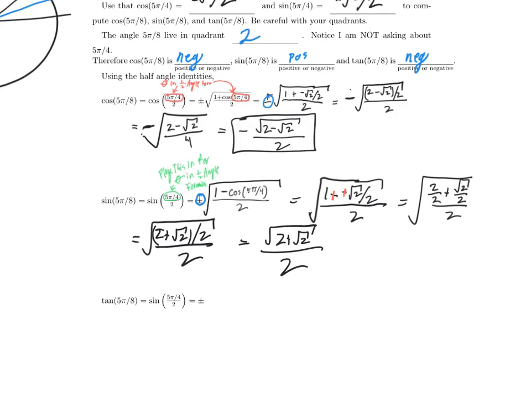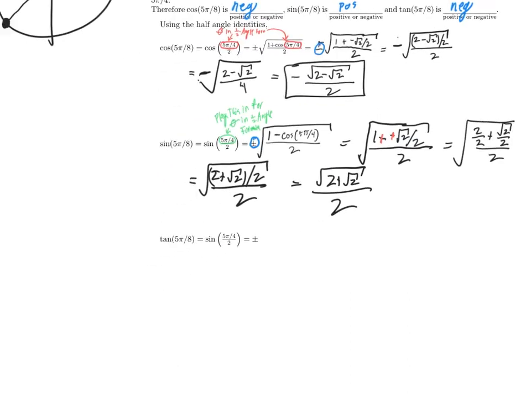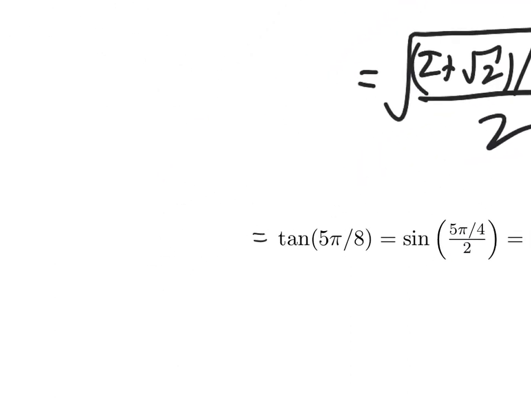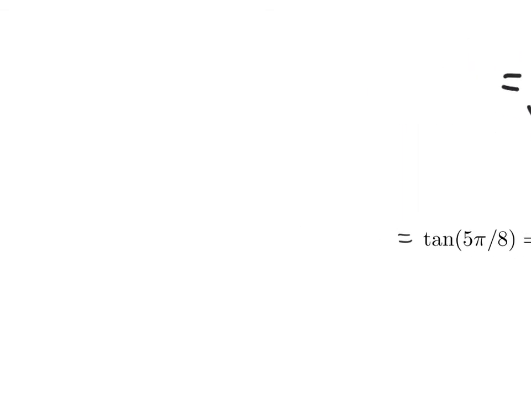Finally, let's compute the tangent of 5 pi over 8, and we'll do this two different ways. Maybe first we'll use the fact that we've already computed sine and cosine. This will be the sine of 5 pi over 8 divided by the cosine of 5 pi over 8. And I know what both of those are.